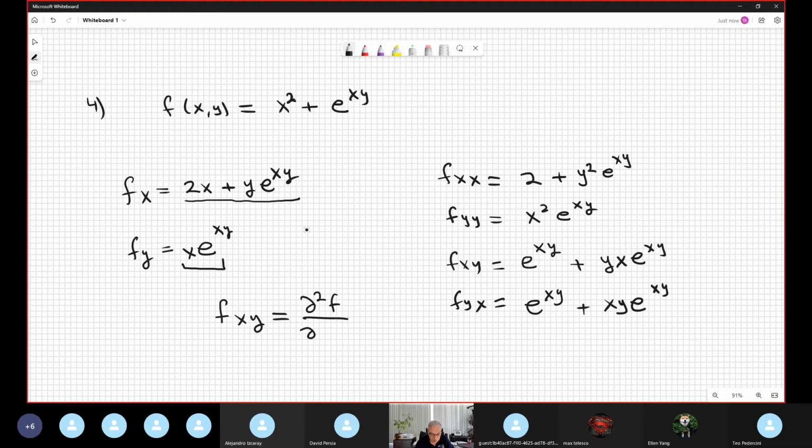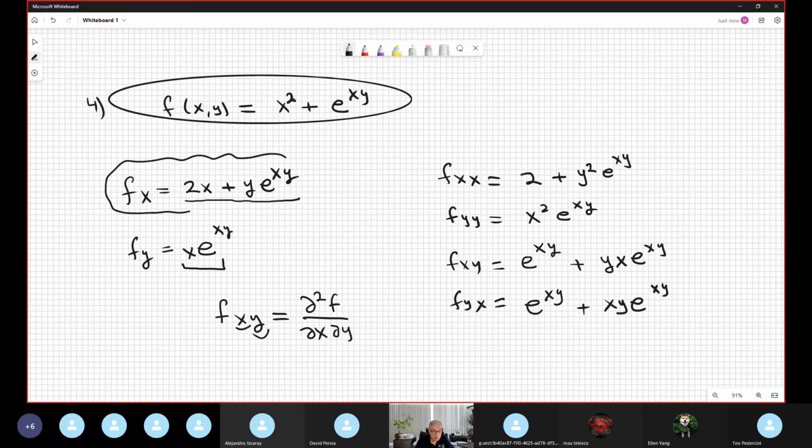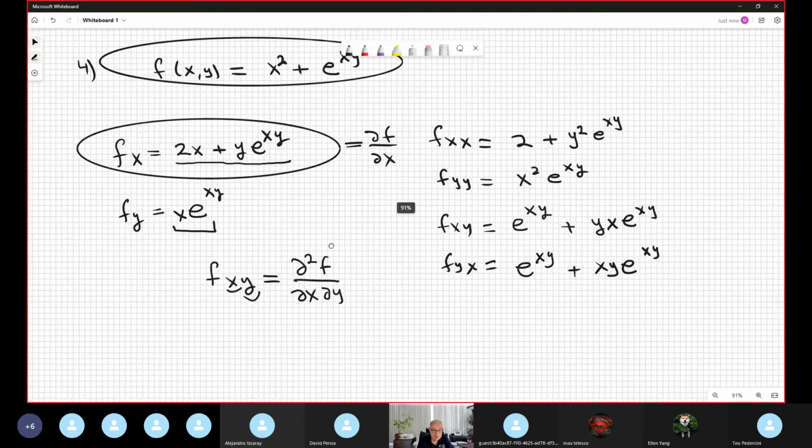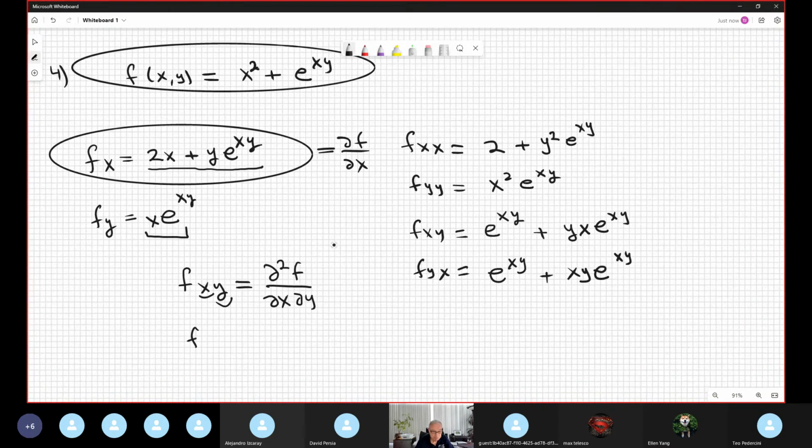You differentiate first with respect to x, and you differentiate after with respect to y. So to compute that, you differentiate the original function with respect to x first. Now this is the partial derivative of f with respect to x. Now, with this notation, you differentiate now with respect to y this guy.